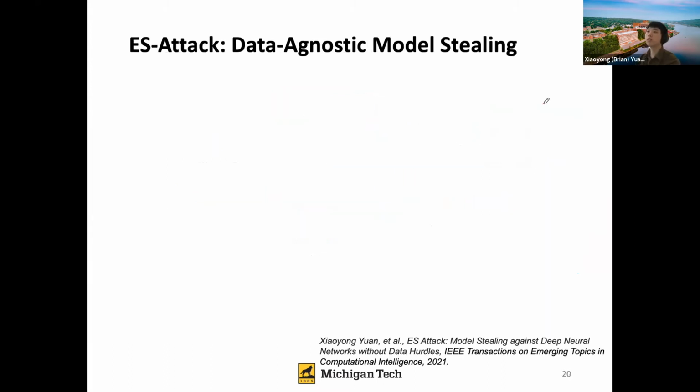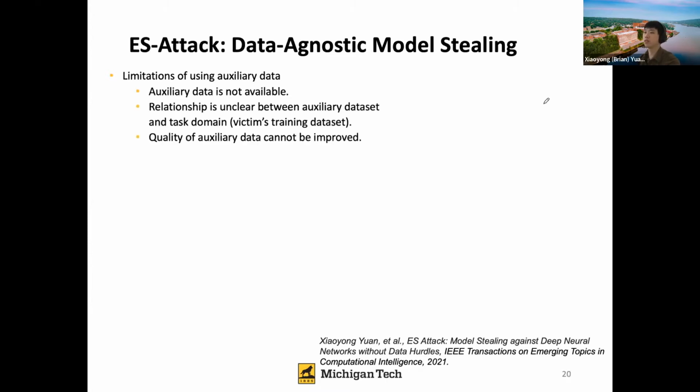And in our recent work, we found that there are a lot of limitations in using this auxiliary data. For example, the auxiliary data is not always available due to data protection regulations like GDPR in the EU or CCPA in California.